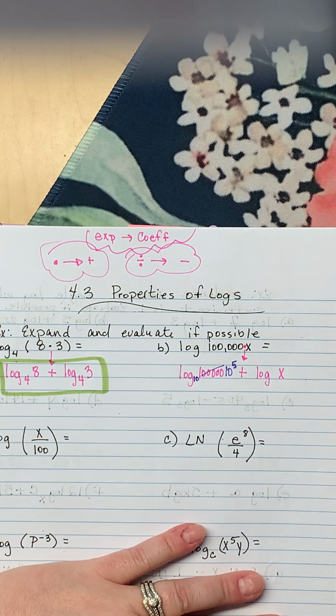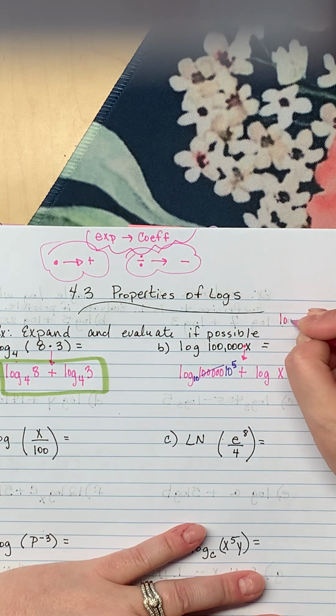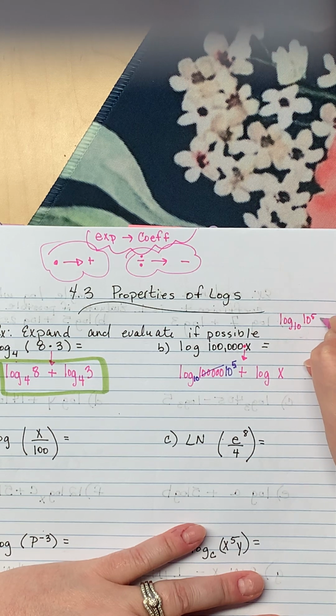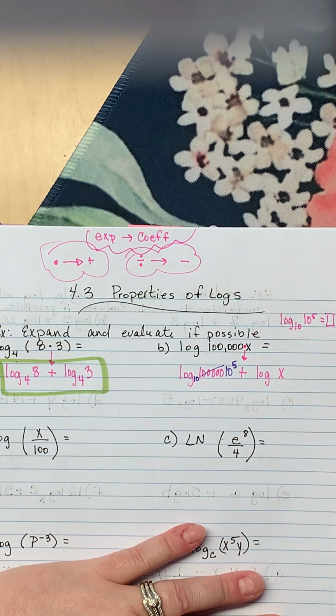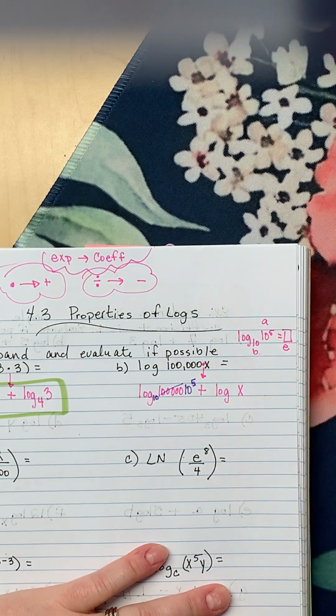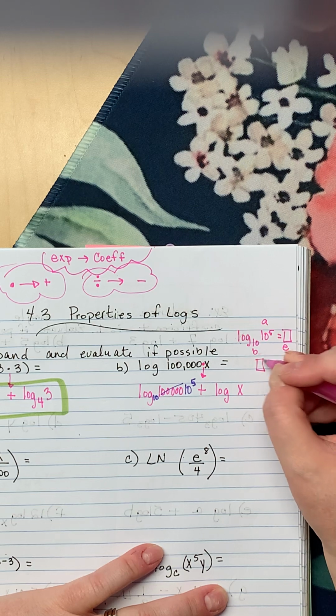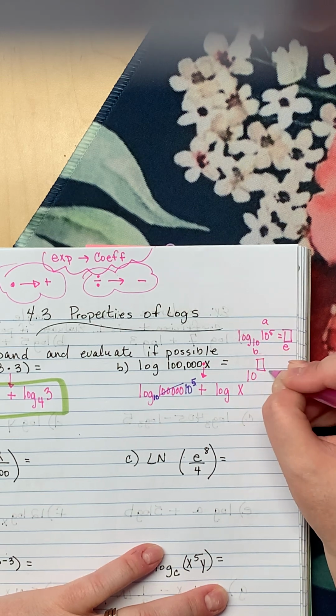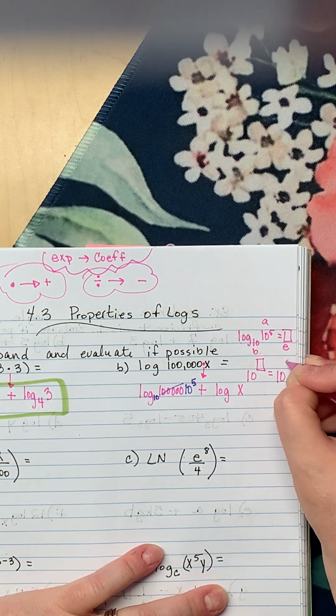Okay, so in the previous section, we learned that if you have log subscript 10 of 10 to the 5th equals something, you rewrite it as 10 to the something equals 10 to the 5th.